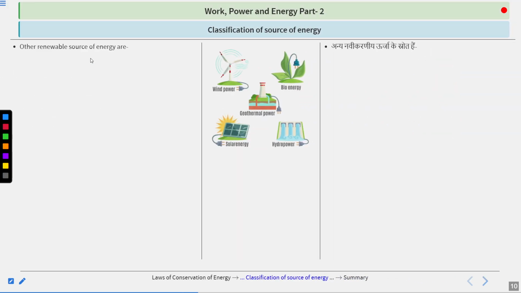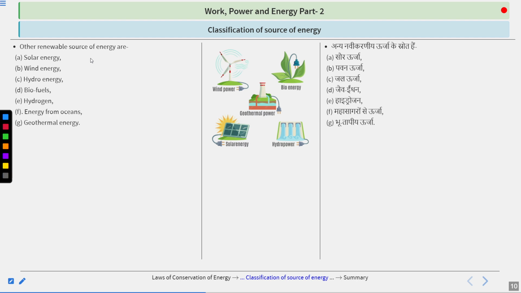Other renewable sources of energy are solar energy, wind energy, hydro energy, biofuels, hydrogen, energy from oceans, and geothermal energy. These are also called non-conventional sources of energy.